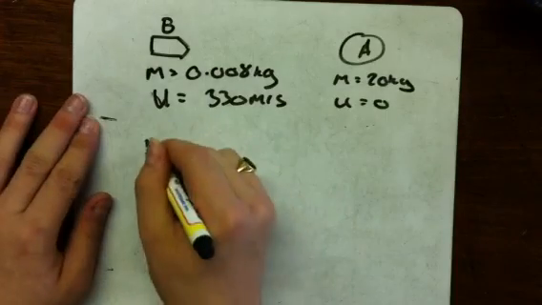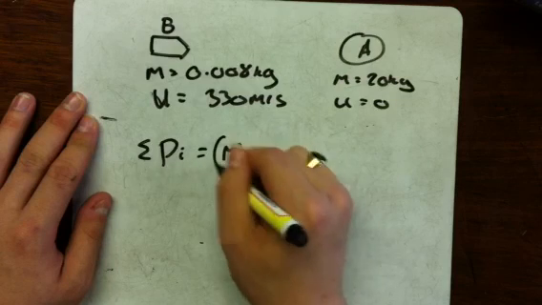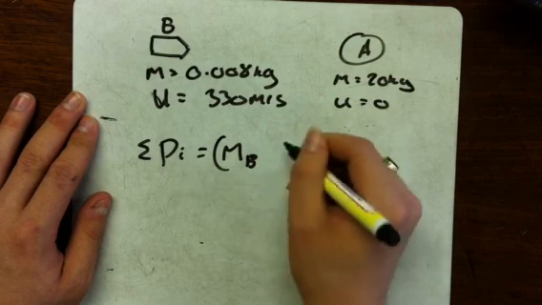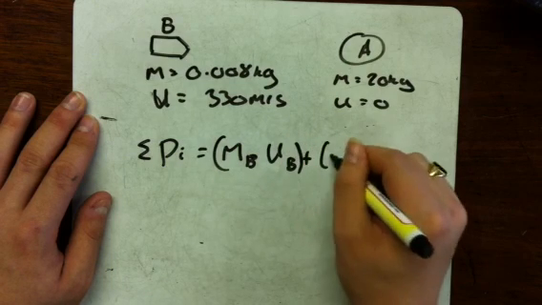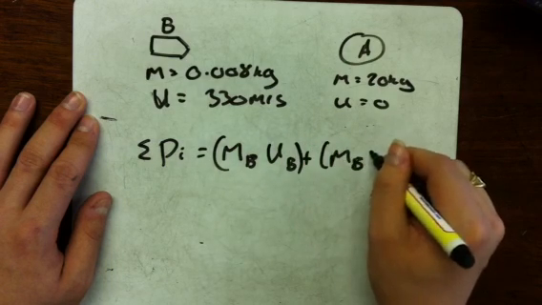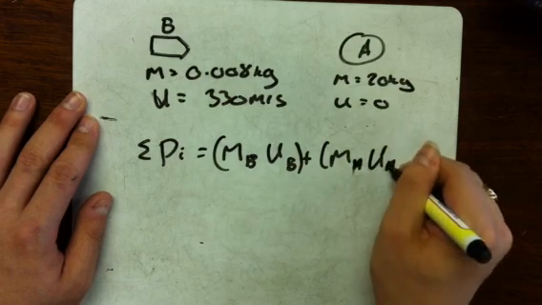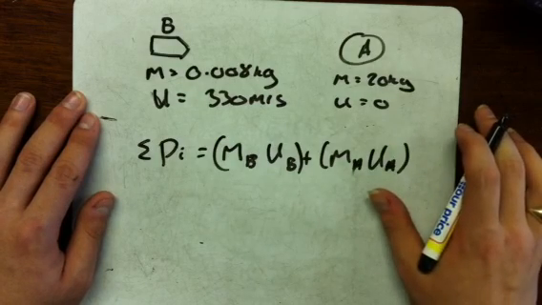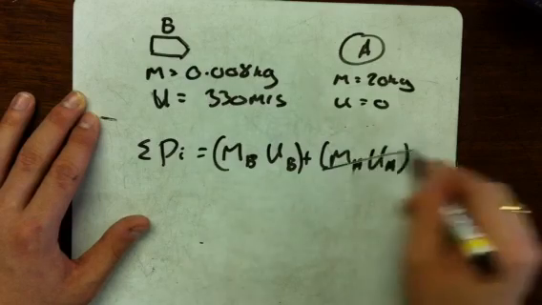So, sum initial momentum equals, well, we might as well stick to the notation we've got, mBuB plus mAuA, apologies for that. We could stick the numbers in, but it makes the same difference anyway, because we know uA is 0, so we can cancel that.